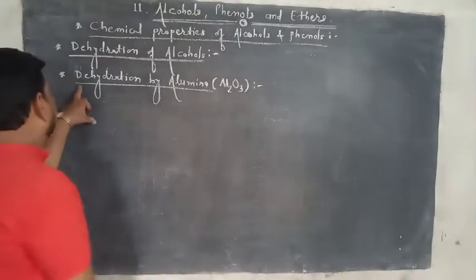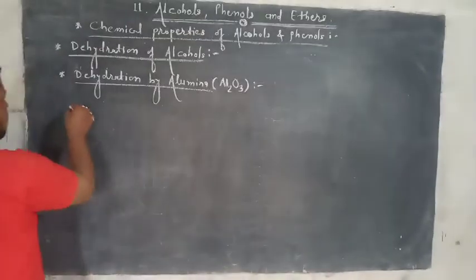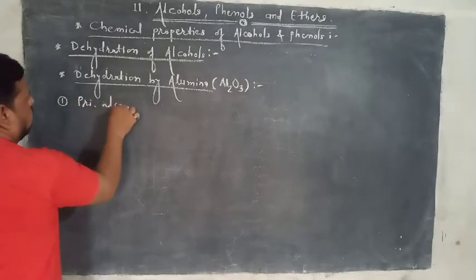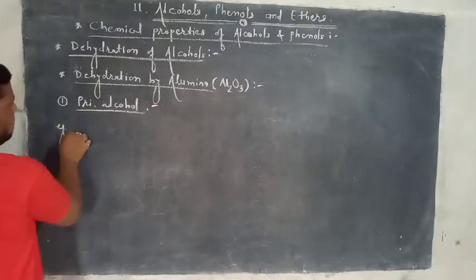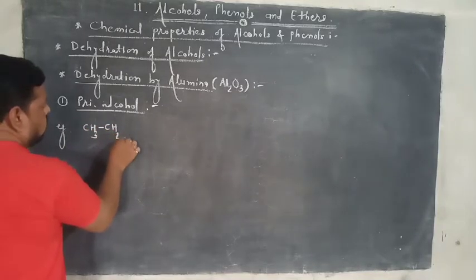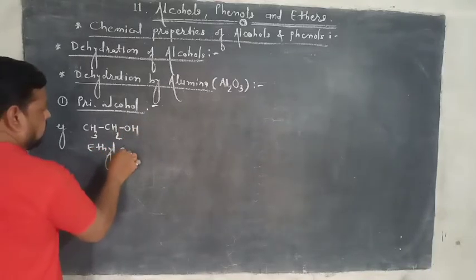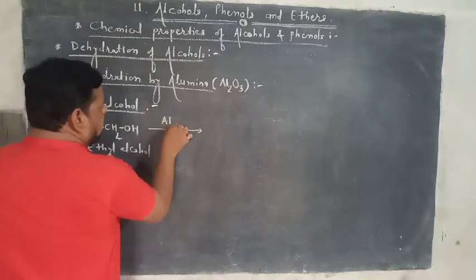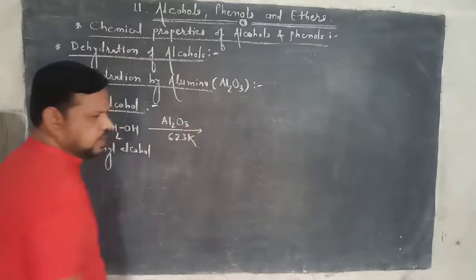Then the next portion, that is dehydration by alumina. See here, first the reaction with primary alcohol. For example, CH3CH2OH, that is ethyl alcohol, is heated with alumina at 623 Kelvin temperature.